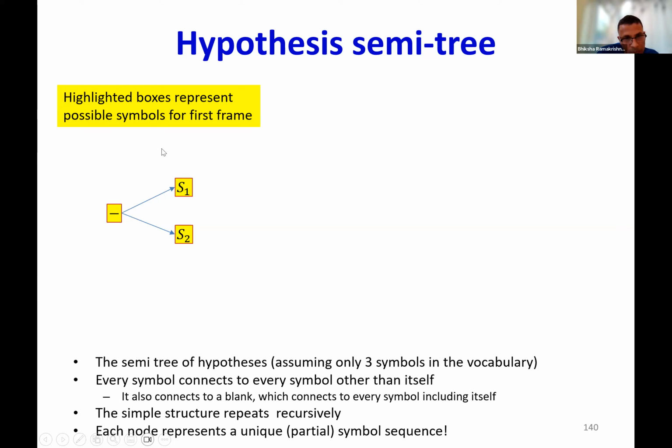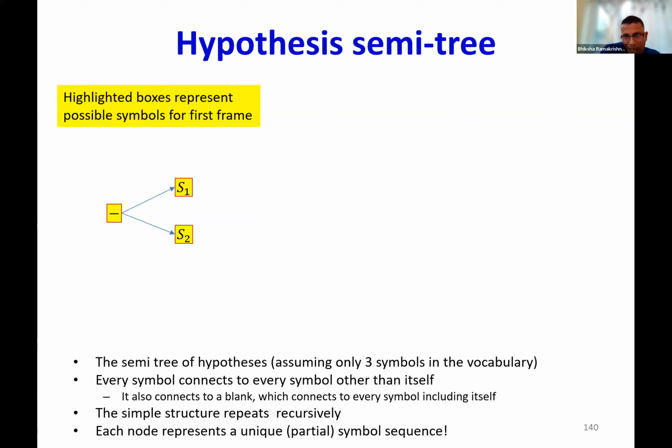This represents all possible symbol sequences of just length 1. It could just be S1, it could just be S2, or it could be blank S1 or blank S2. When compressed, this whole collection is going to become either S1 or S2. Did this visualization make sense?